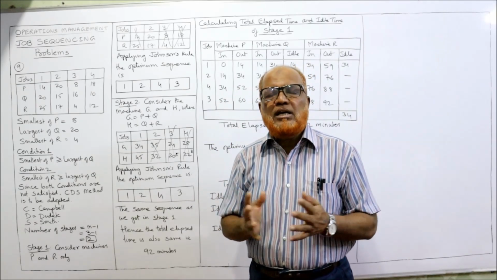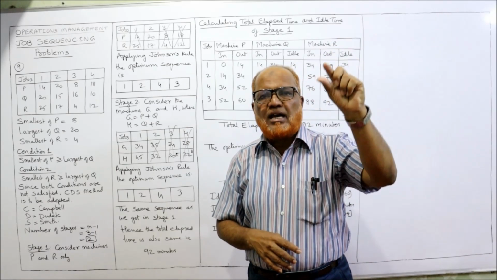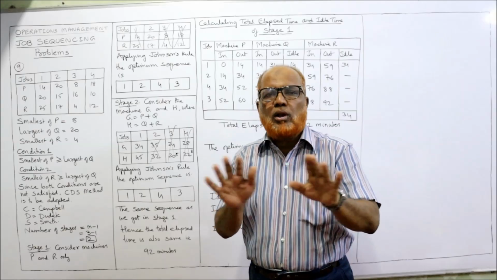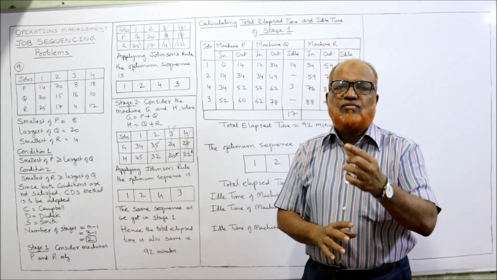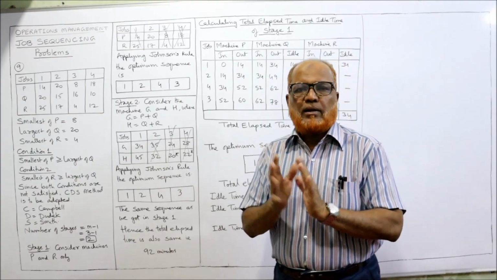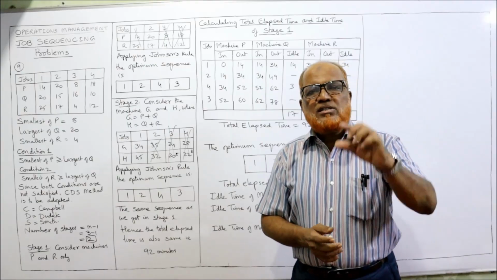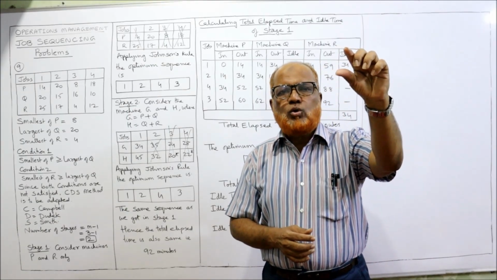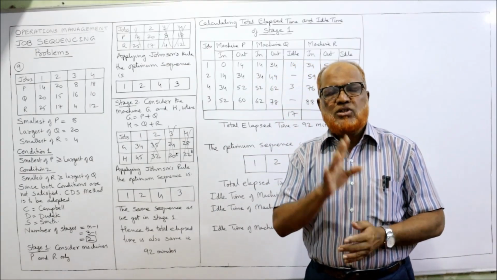So what will happen in each stage? First stage, consider the first machine and the last machine, ignore all the machines in between. Find out the optimum sequence, find out the total elapsed time, over. First stage completed. Second stage, combine the first 2 machines and the last 2 machines and make it one machine.